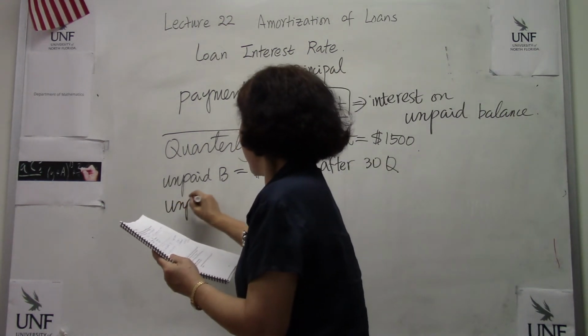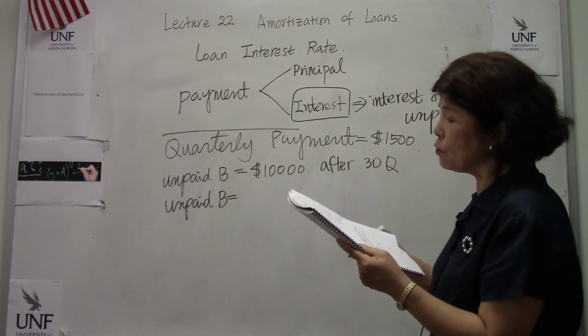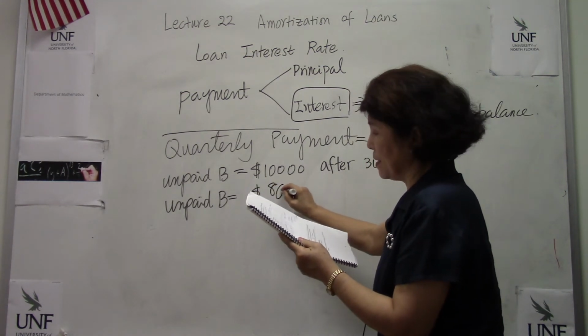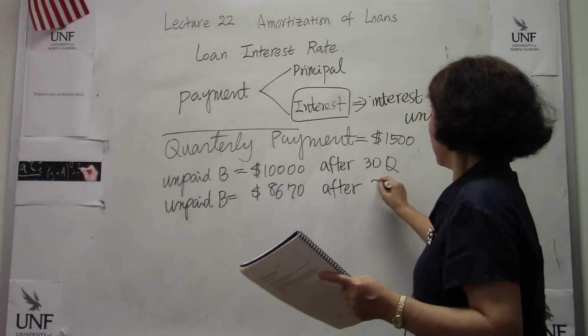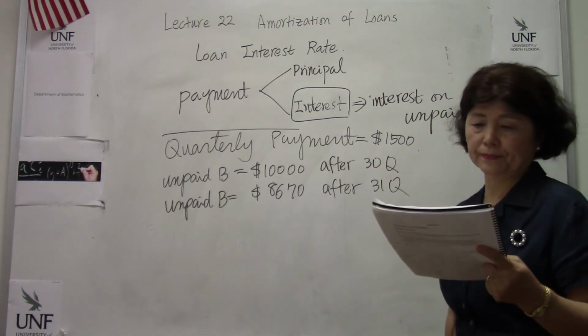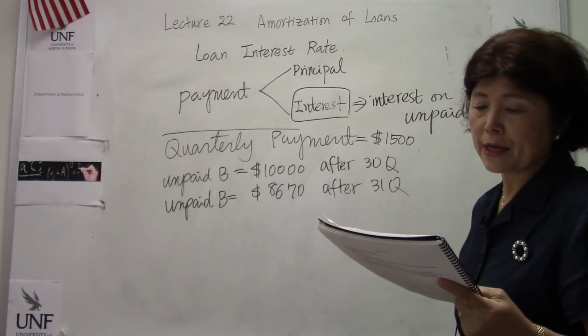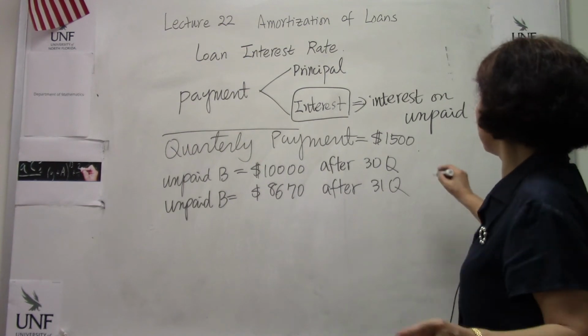Next, unpaid balance after 31 quarters is $8,670. So from this scenario, if the interest is compounded quarterly, find the interest rate.